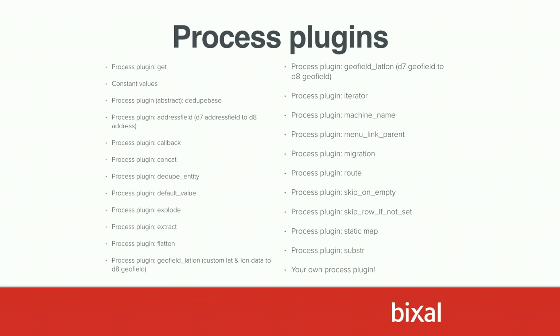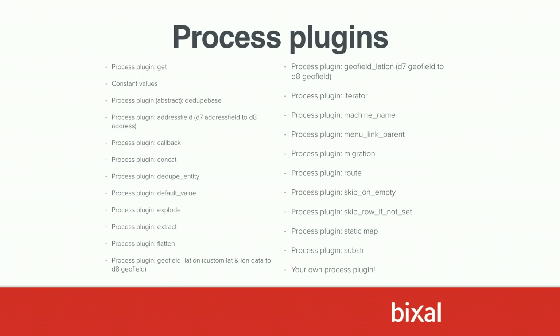For process plugins, we have some of them already. These come with core, with the Migrate API, and some others get added through additional contributed modules. With process plugins we can do different data transformations.